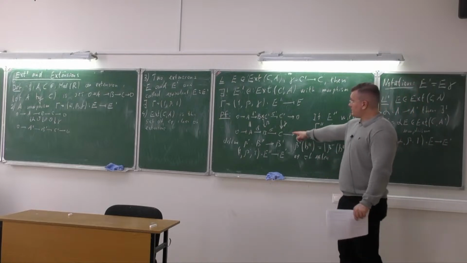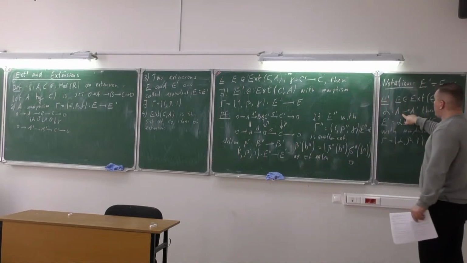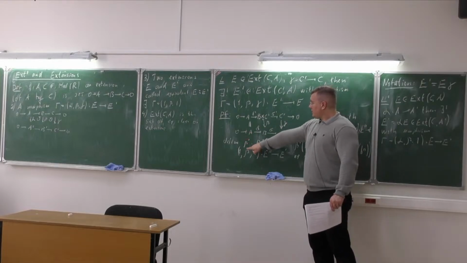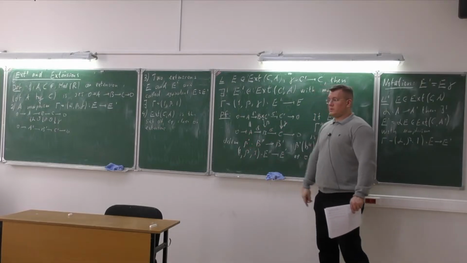You take the short exact sequence, you have a map now from A to the A prime, so there will be some map, something like this, and then you take pushout instead of the pullback.